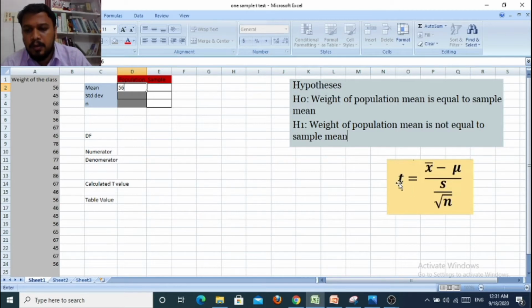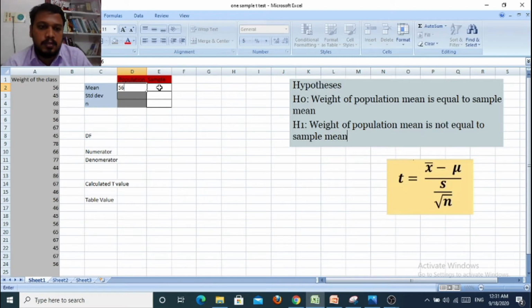In the formula we have x bar, that is the sample mean, minus mu, the population mean, divided by the standard deviation of the sample divided by the root of the sample n. So this is the formula, and we are going to execute this.